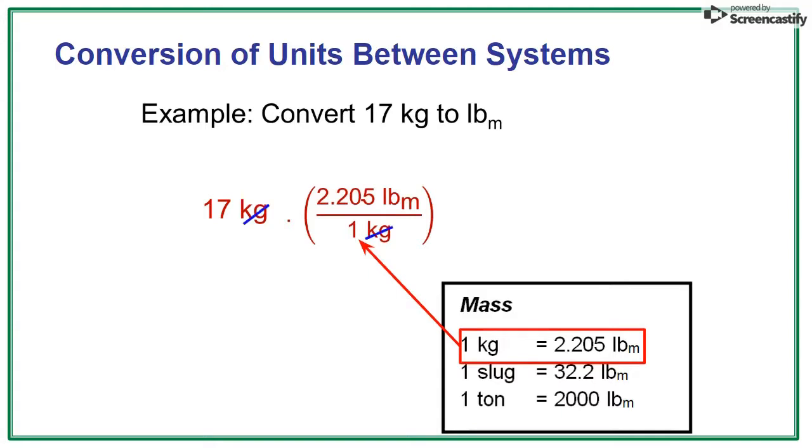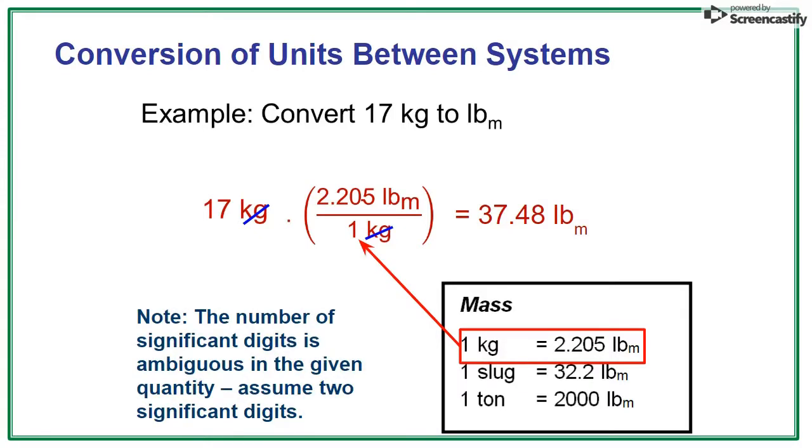Calculate the result and consider the number of significant digits. In this case, the original quantity has 2 significant figures, so we will round the final answer to 2 significant digits, which seems reasonable. For DDE, the required precision of an answer may be directly stated in the problem. If not, use a reasonable precision based on the provided information and the use of the result.